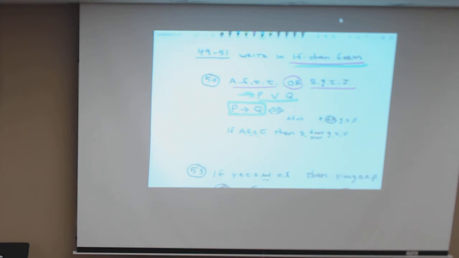Is that what you have in your notes? If P then Q is equivalent to not P or Q? I just had a dyslexic moment or something when I wrote that down. So let's fix it.